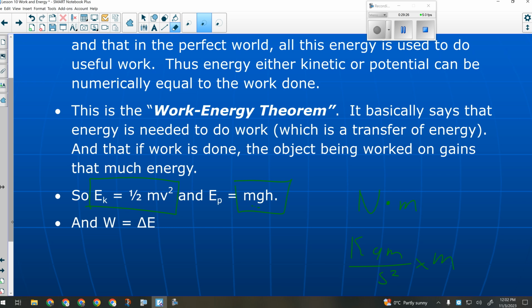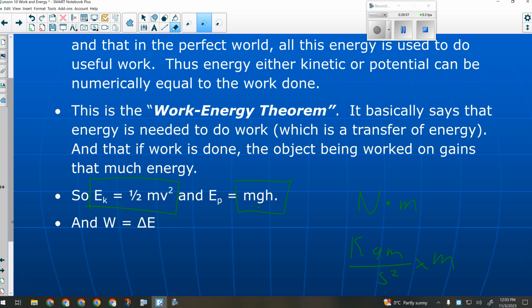If I fill the box with dirt, so much so that my truck has twice as much mass, is it going to take twice as much work to stop it? Yes, that's linear. If I double the mass, I'll have twice as much energy. But if I double the speed, how much more energy? Four times.